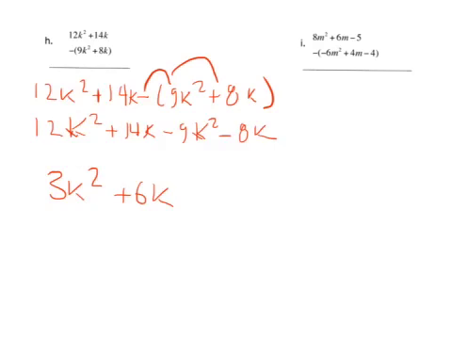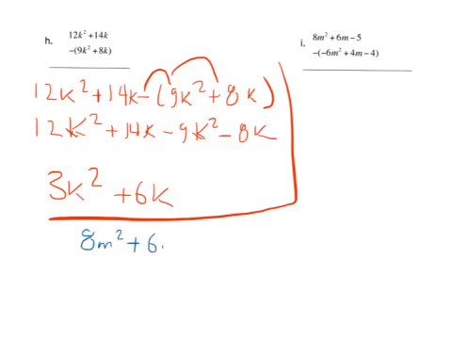Okay, let's see if I can squeeze this guy in the last part. Same thing. If I rewrite it down here, I'm going to get 8m squared plus 6m minus 5 negative 6m squared, whoops, plus 4m minus 4.